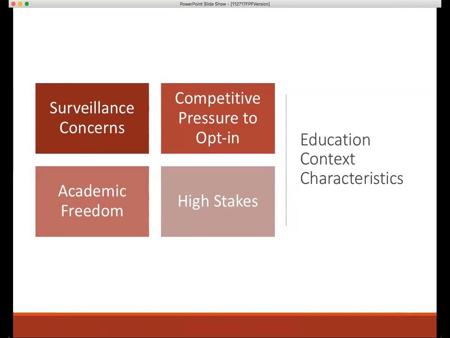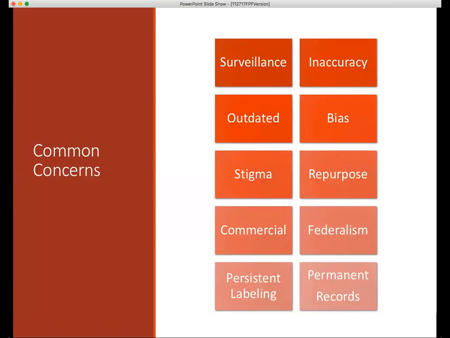This is more true in K through 12 education, but it's still quite true in higher education as well. So here are some common concerns I've touched upon, but I wanted to highlight them again.